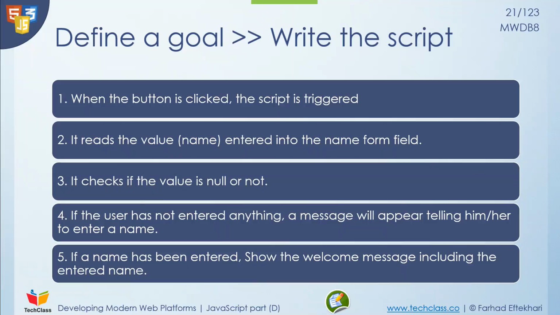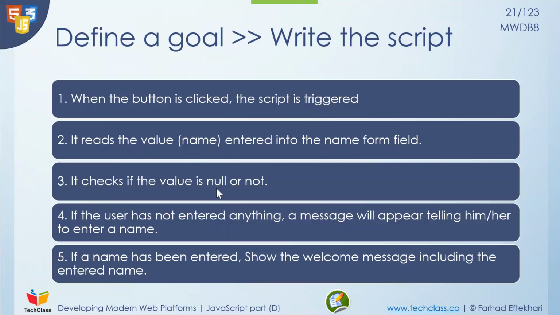First there is a button, and when they click the button, the script is triggered. There is a text box, so it reads a value from that text box as a name value, and then the program checks if the value is null or not.